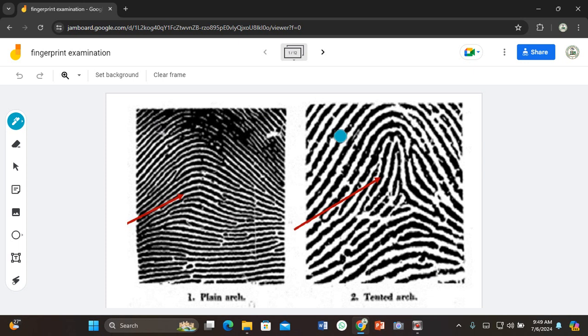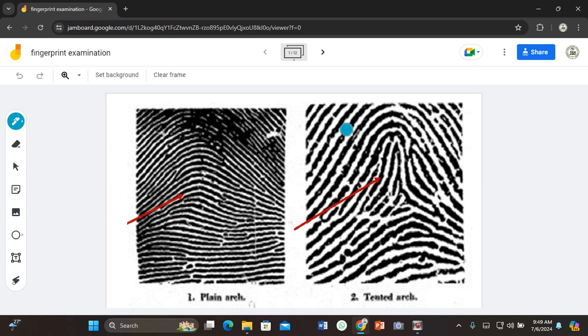Good morning. The topic of today in this module 2 is identifying various fingerprint patterns.